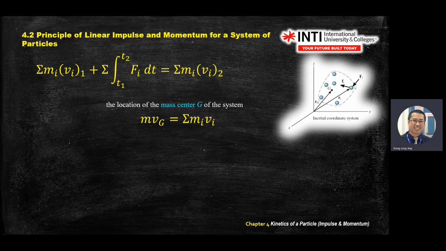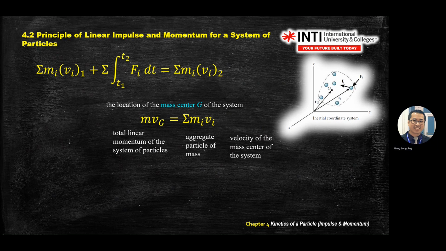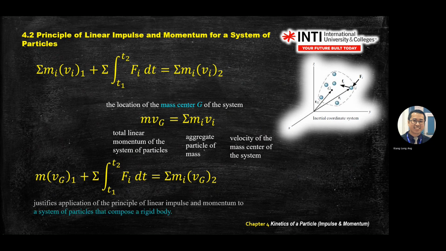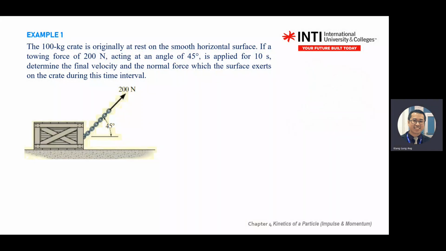It means that the velocity at the center of gravity is the same as the velocity of the individual particles. All right. So this one, you see when it comes to rigid body, we'll focus on center of gravity. Right. Let's look at example 1.